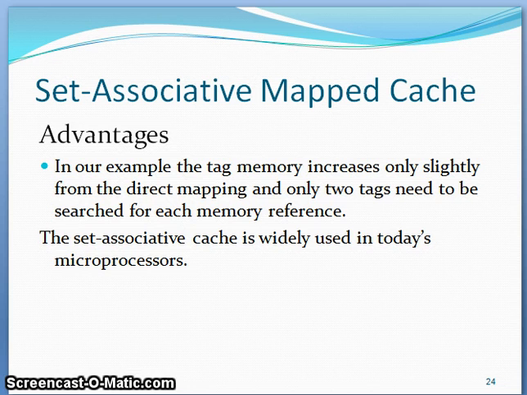Now the advantages of set associative mapping: in our example, the tag memory increases only slightly from direct mapping, and only 2 tags need to be searched for each memory reference. The set associative cache is widely used in today's microprocessors.